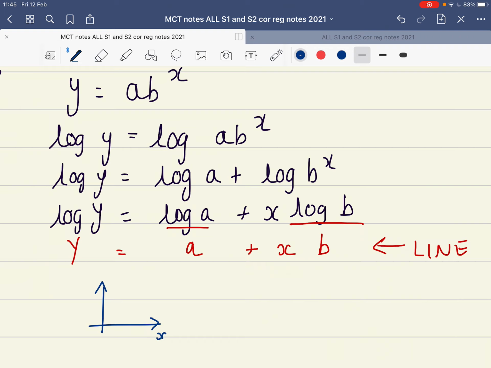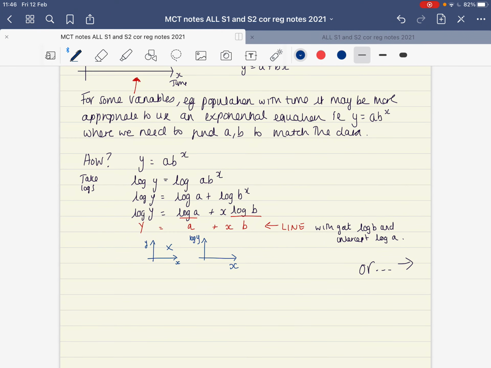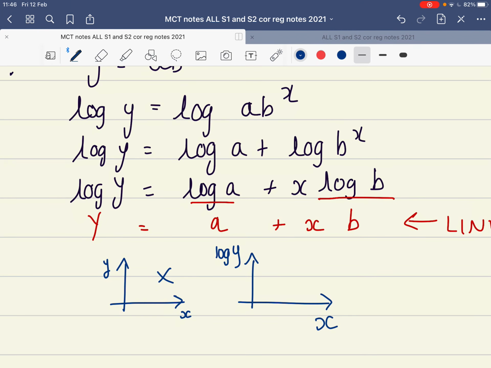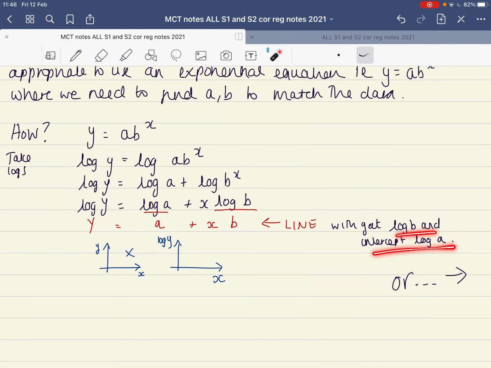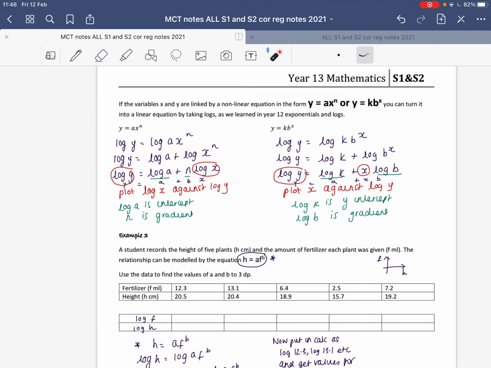So if I plotted, instead of x against y, which we know brings out a curve, the thing that's in place of y, which is log y, so if I plot x against log y, it will bring a straight line. And that straight line will have gradient log b and intercept log a.